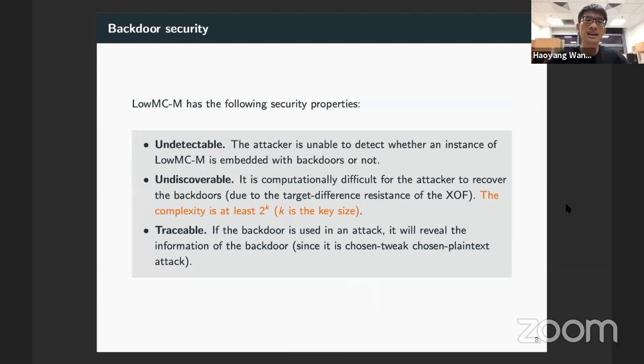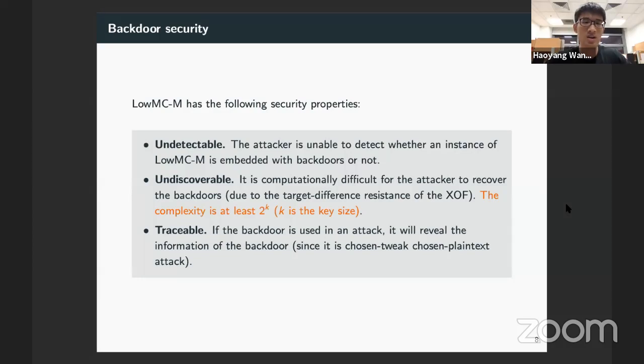We have also discussed several properties about the backdoor security of this LOMCM. The first one is that the backdoor is undetectable. As I just said, an instance of LOMCM could have a backdoor or not, and we proved that the attacker is unable to distinguish these two kinds of instances. The second is that the backdoor is undiscoverable. It is computationally difficult for the attacker to recover the backdoor.